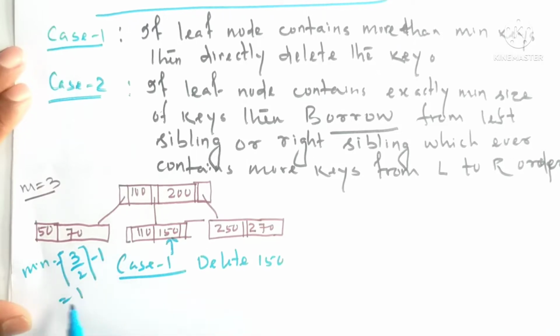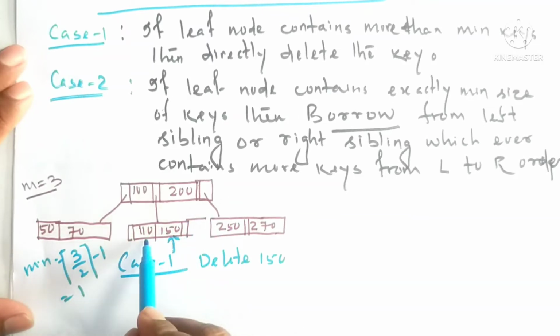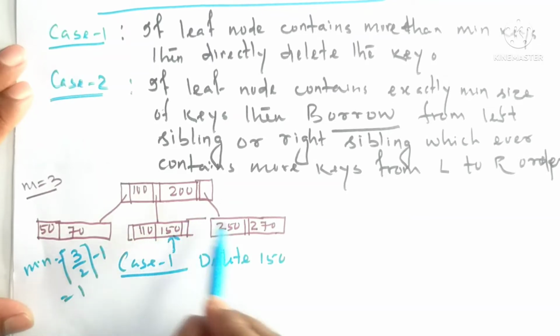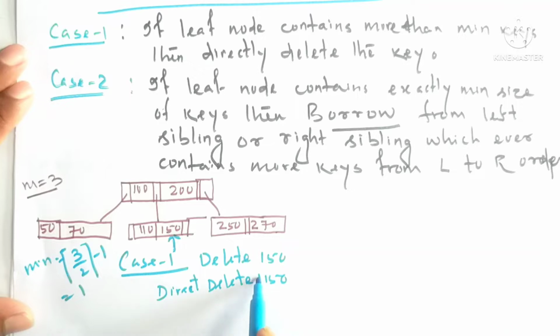The node contains 2 values, so more than 1 key, and I can directly delete 150. There is no issue.